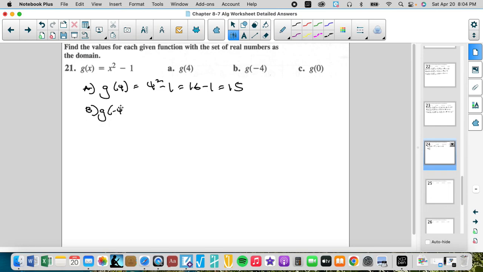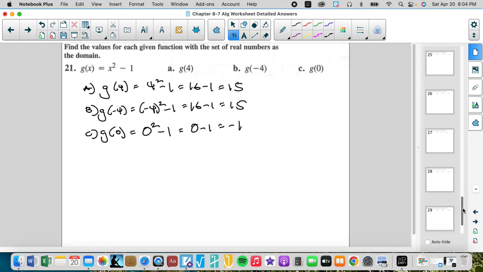G of negative 4 equals the quantity negative 4 squared minus 1, which is also 16 minus 1, which is 15. And C, G of 0 is 0 squared minus 1, which is 0 minus 1, which is negative 1.